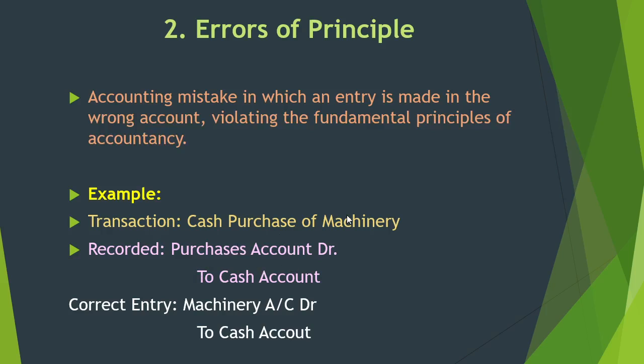But it's a capital item, so we have to debit machinery account. If they record it like this, it violates the fundamental principles of accountancy. So in such a situation, we call these errors errors of principle. They considered a capital item as a revenue item.